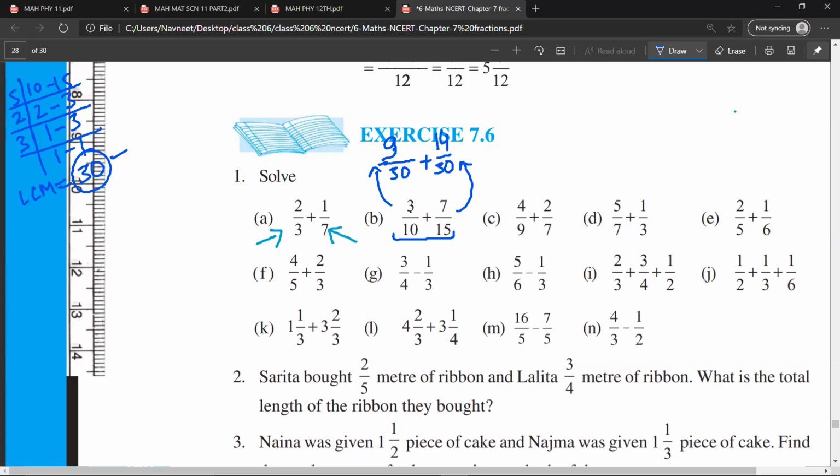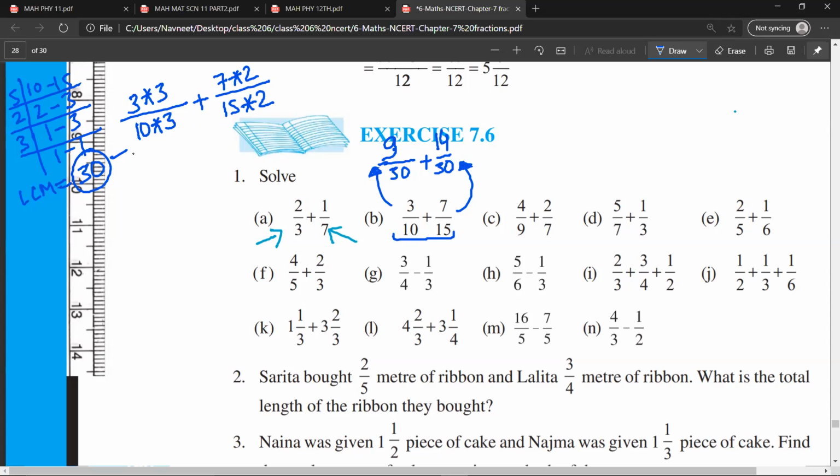See, once you have found the LCM, so 10 into 3, 3 into 3 plus 15 into 2 and 7 into 2. So either you can do it orally, or you can write this step also.